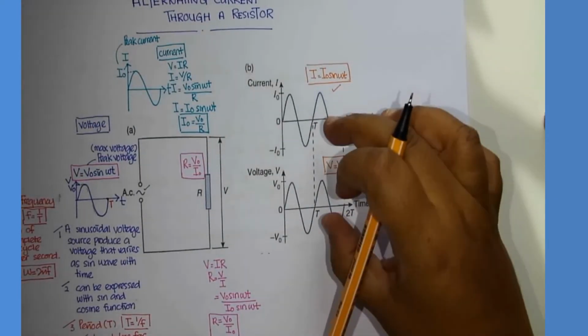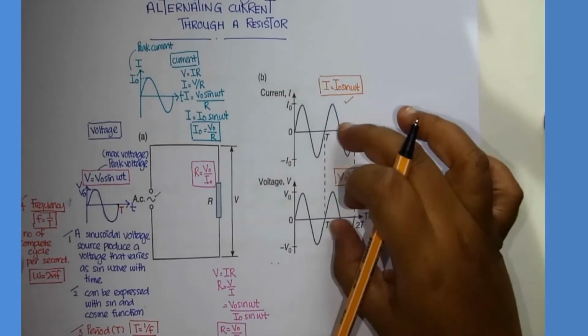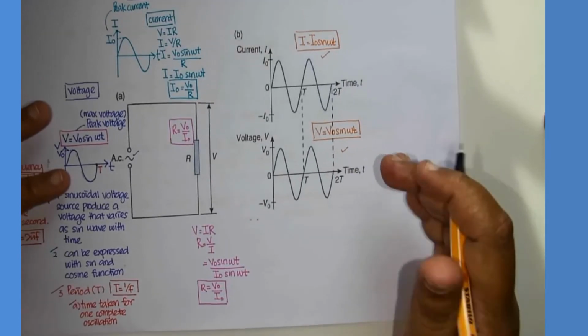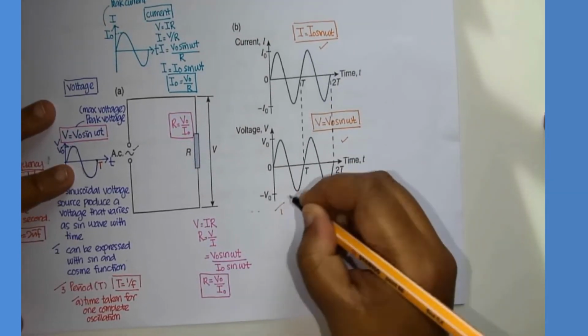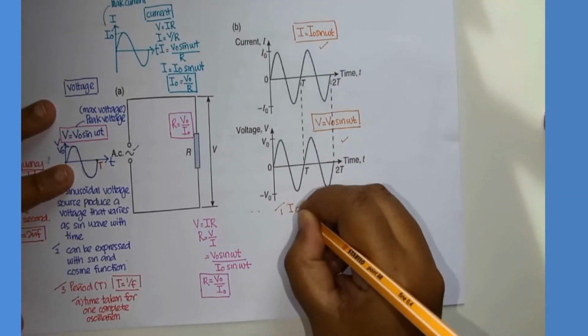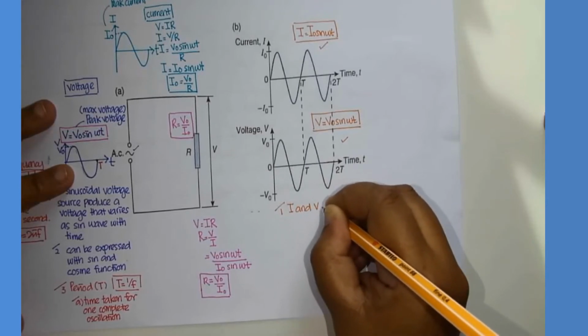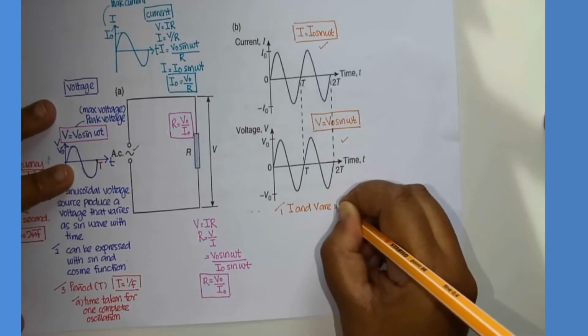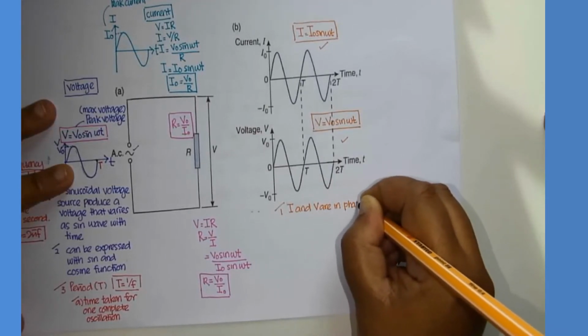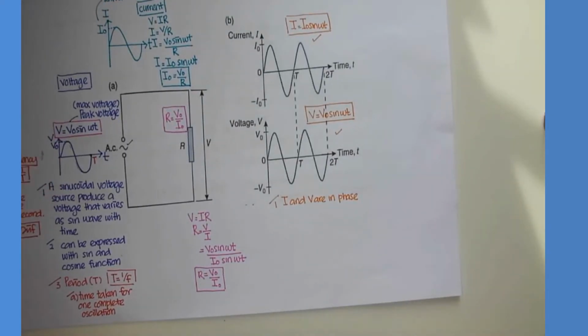When we compare these two graphs, we can say I and V are in phase. Now what does it mean that I and V are in phase?